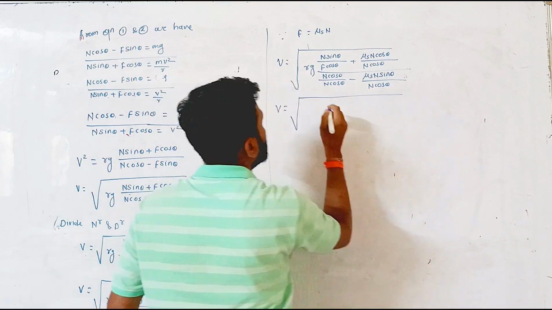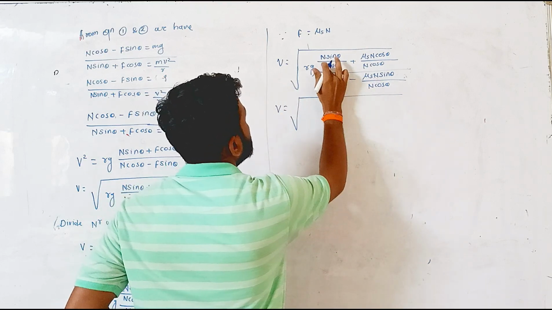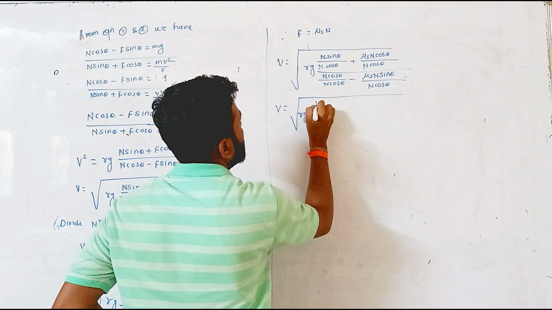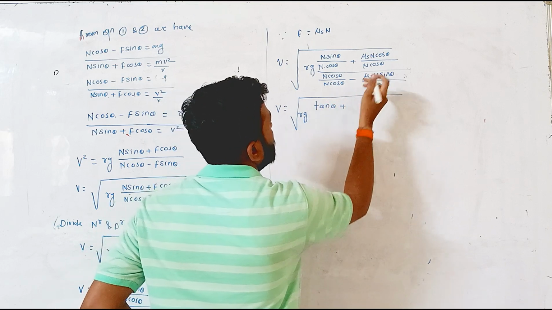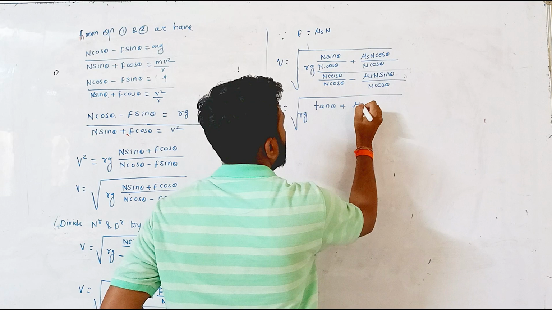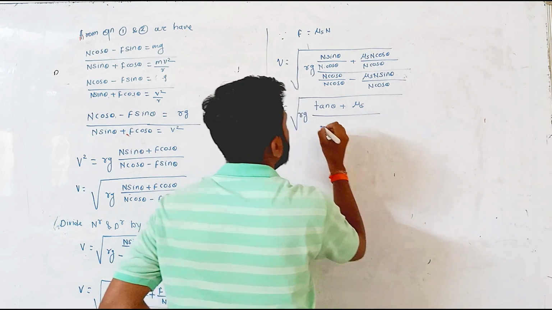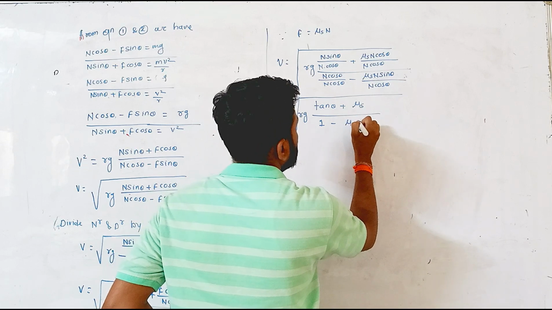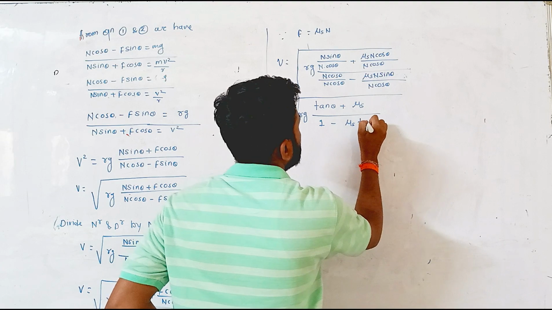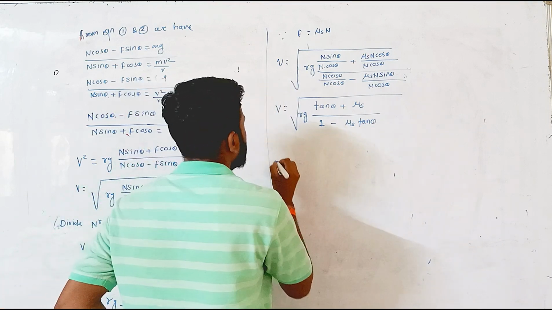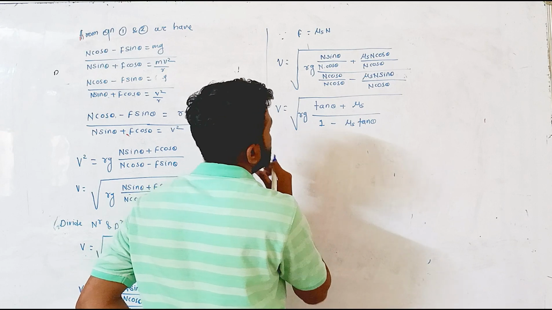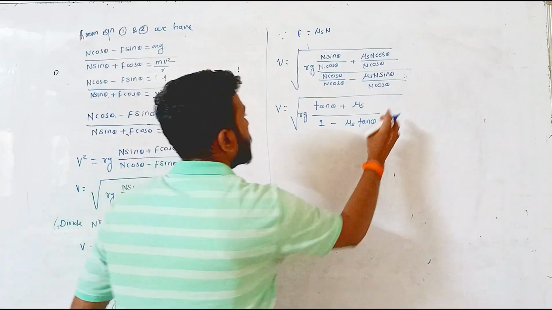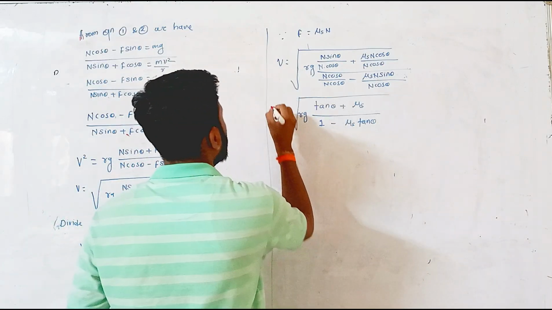So v equal to, we solve this equation: sin theta upon cos theta is tan theta, and rg is written here, tan theta plus mu s, n cos theta cancels, divided by 1 minus mu s, n cancels, sin theta upon cos theta tan theta. Okay, this is v, the maximum speed of a banked car road.